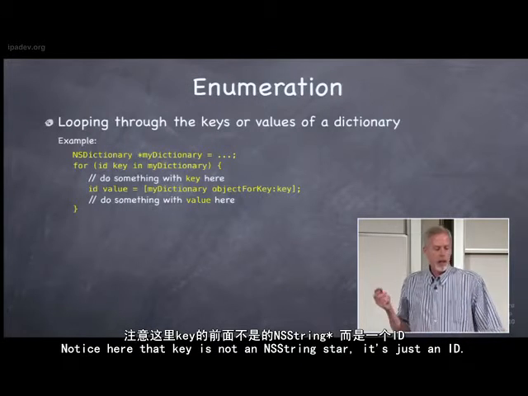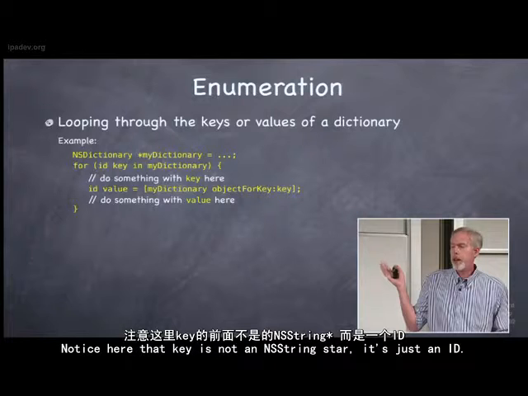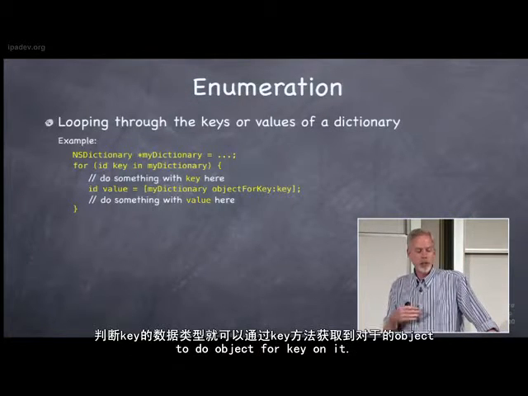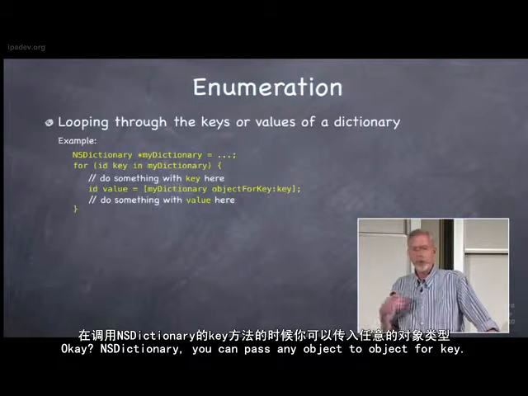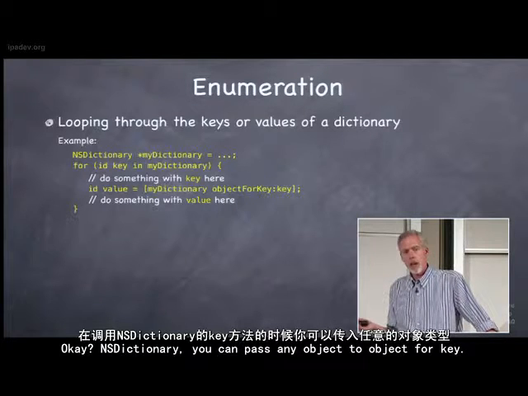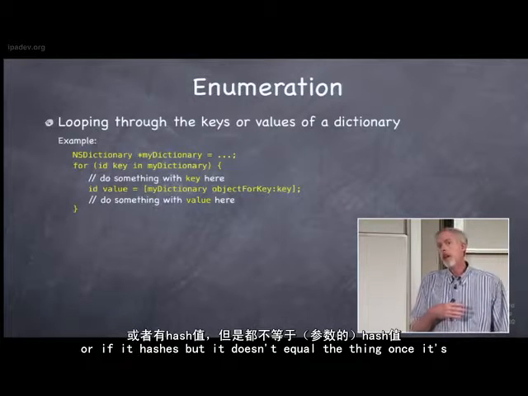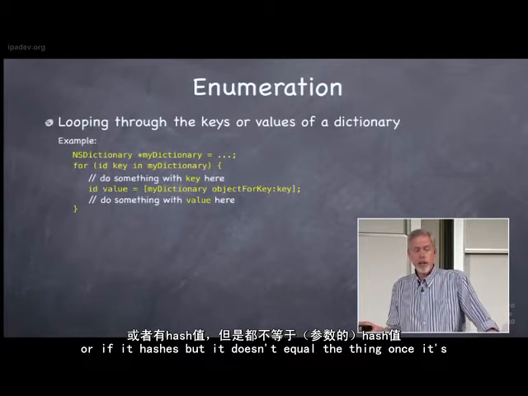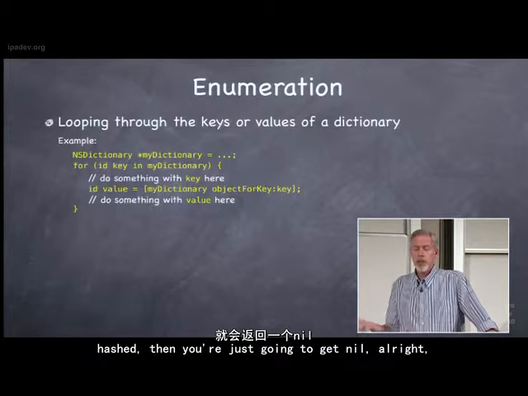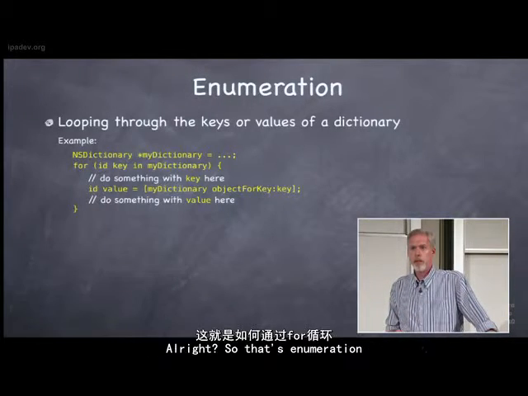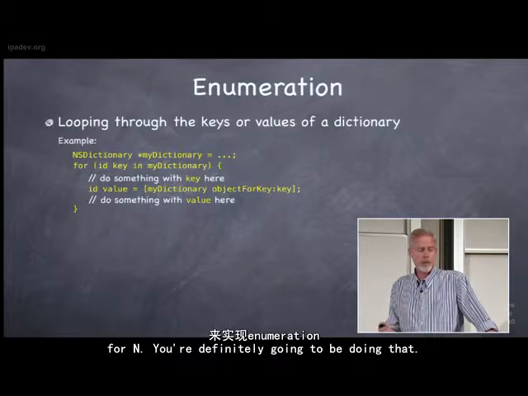Notice here that key is not an NSString star, it's just an id, but I don't need to do any introspection to do objectForKey on it. With NSDictionary, you can pass any object to objectForKey. If it doesn't hash well, or it hashes but it doesn't equal the thing once it's hashed, then you're just going to get nil, because there's going to be no object for that key. All right, so that's enumeration with for in.